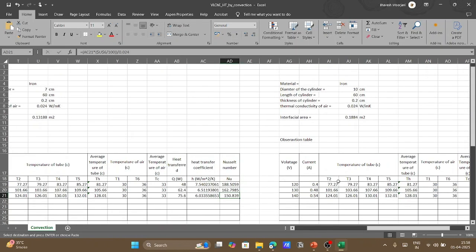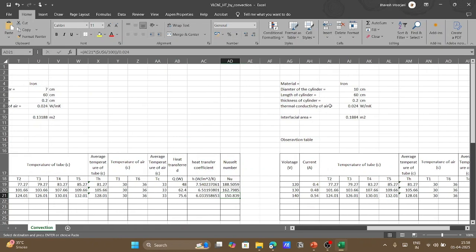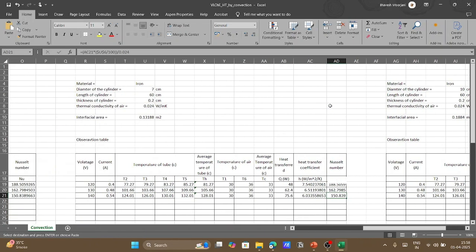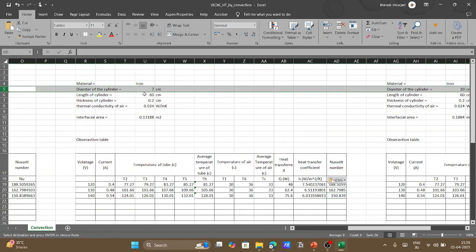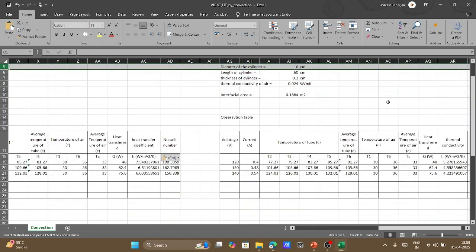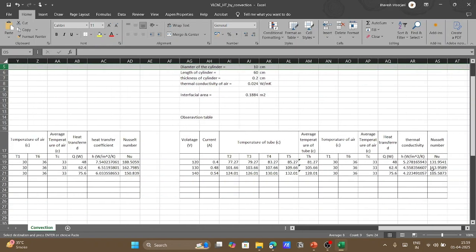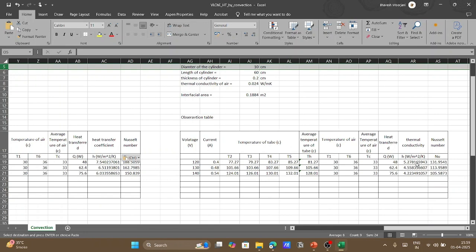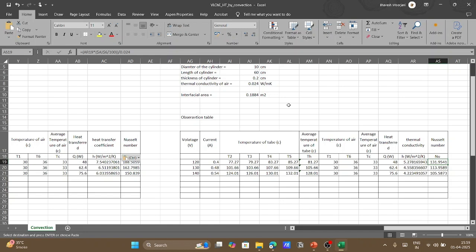But if I don't change the length and increase the diameter, here the diameter has been further increased from 7 to 10. In that case, you can see that both the heat transfer coefficient and the Nusselt number have changed. Now since the diameter is more, the area for the conductive heat transfer has also increased.